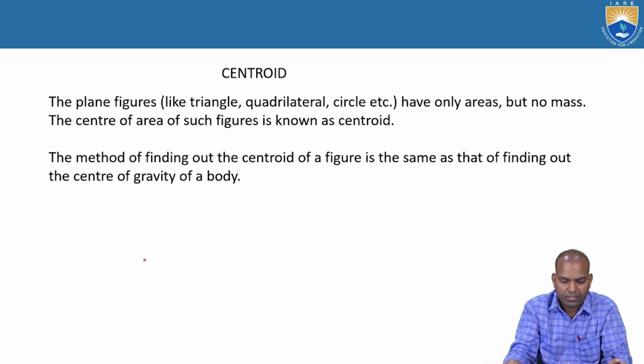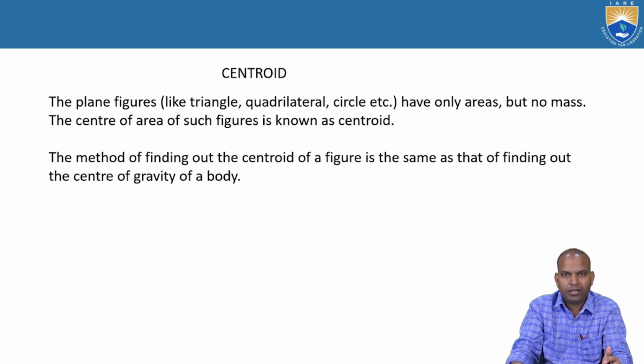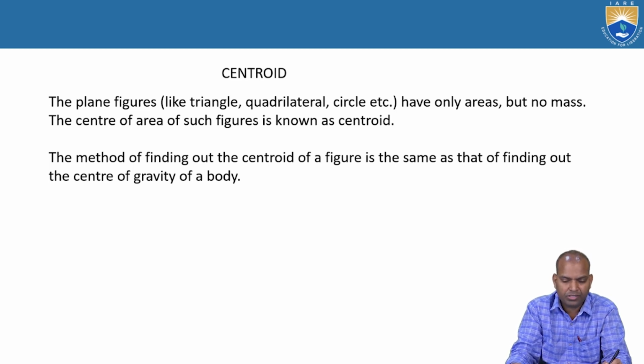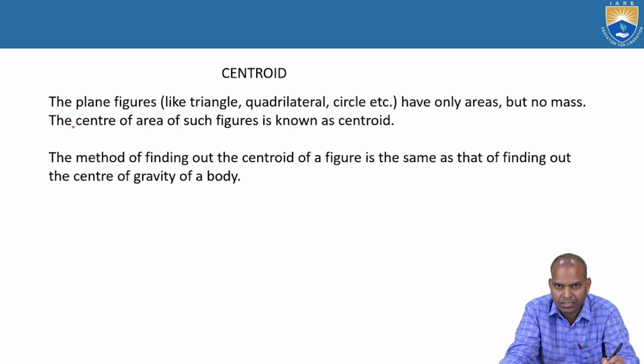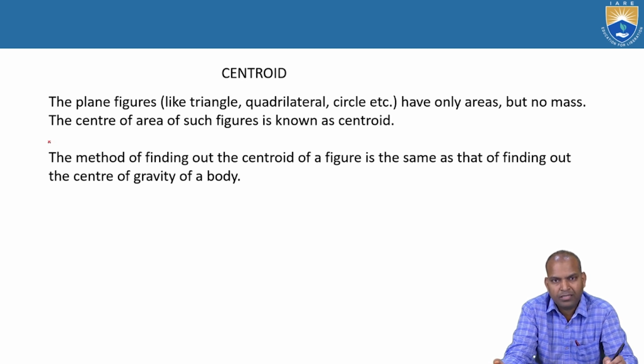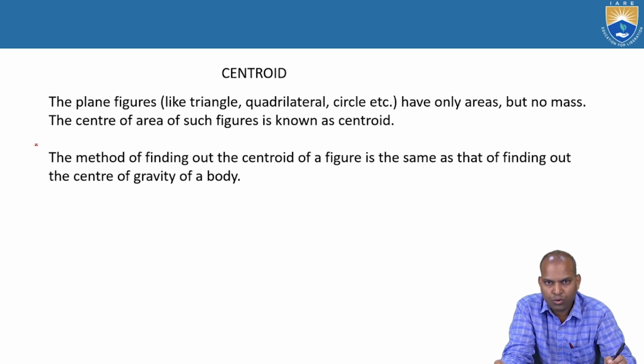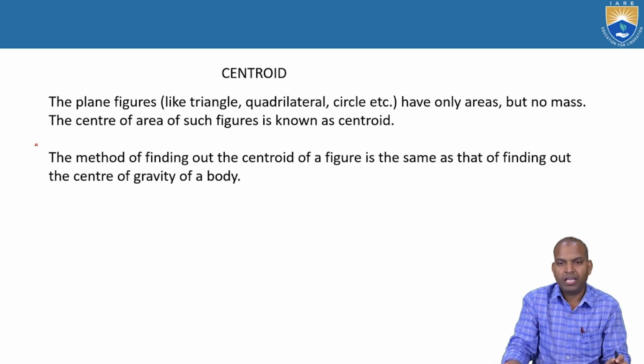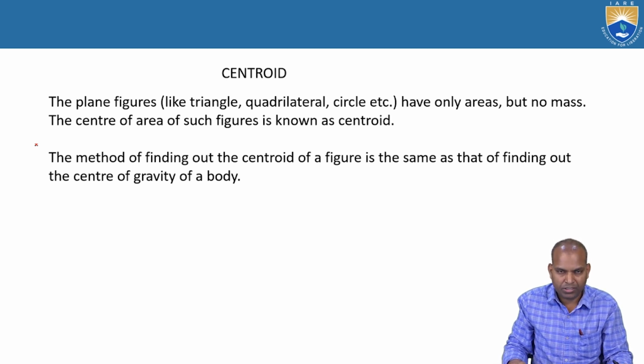Now let us see the centroid of plane figures like a triangle, quadrilateral and circle, which have only area but no mass. What does area mean here? A plane is two-dimensional, not three-dimensional. The plane has only area and no mass. The center of area of such figures is known as the centroid.